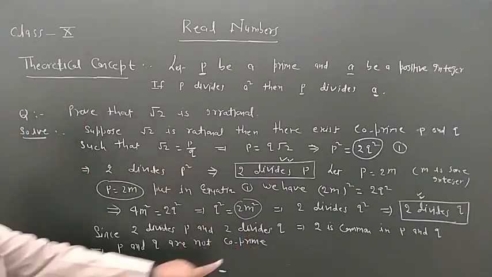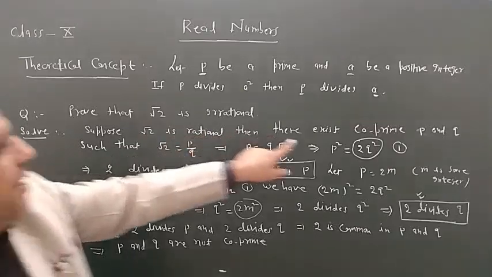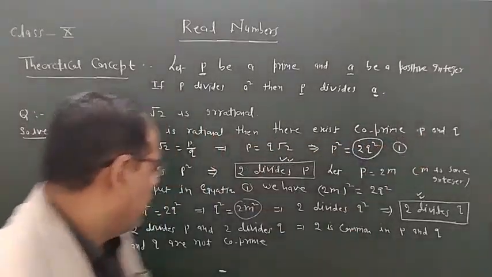This is contrary to our assumption that root 2 is rational and P and Q are co-prime.